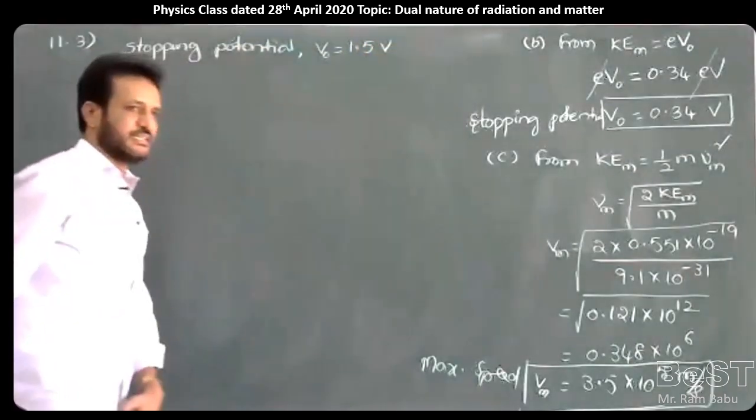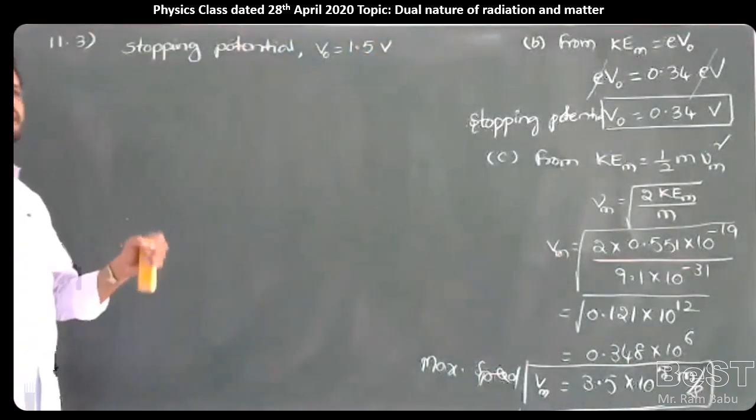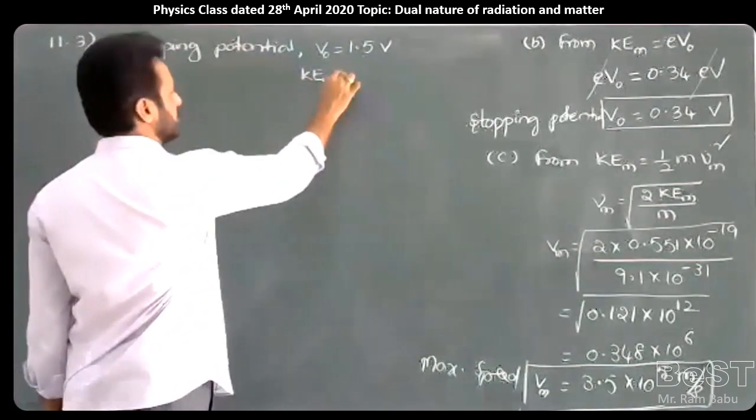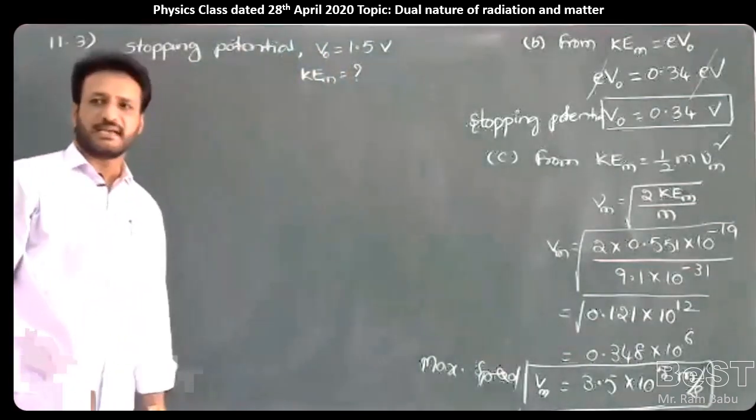That is the value. Then they are asking what is the maximum kinetic energy of photoelectrons. So KE maximum is equal to question mark.